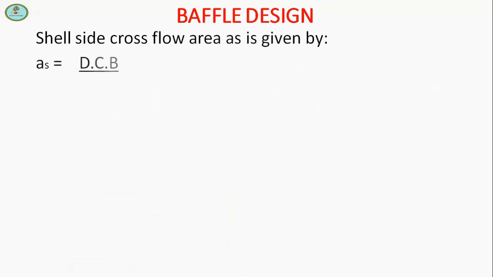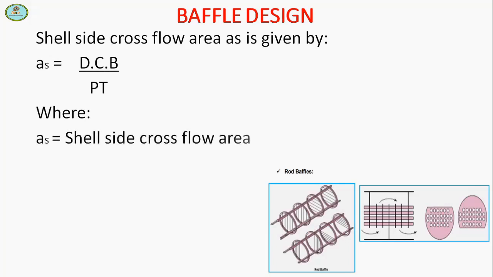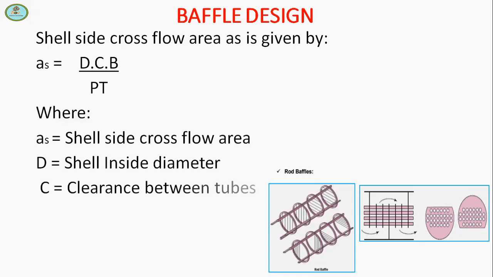AS is equal to DCB divided by PT, where AS is shell side cross flow area, D is shell inside diameter, C is clearance between tubes, B is baffle spacing, and PT is tube pitch.